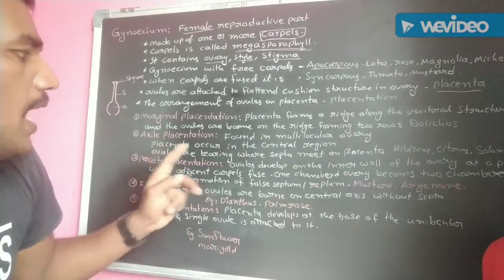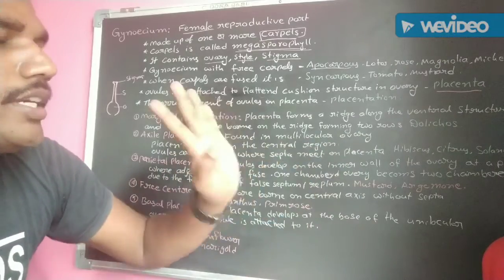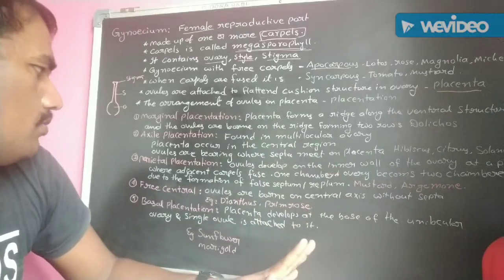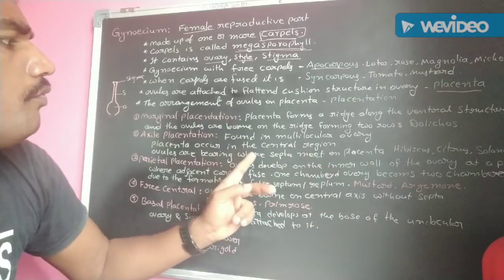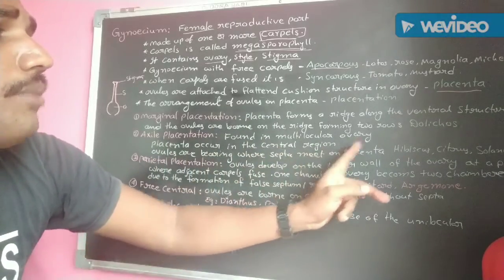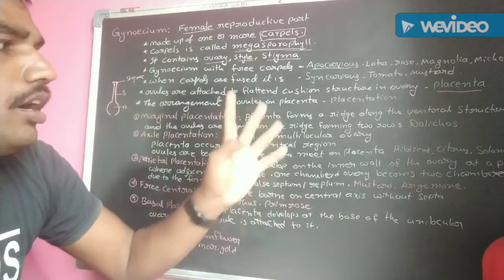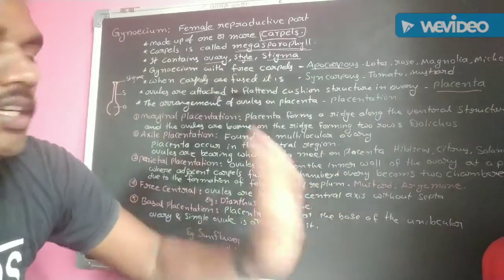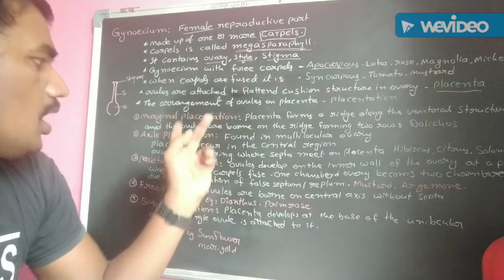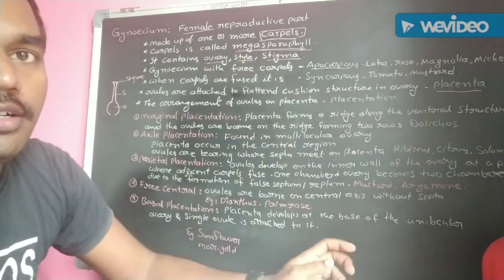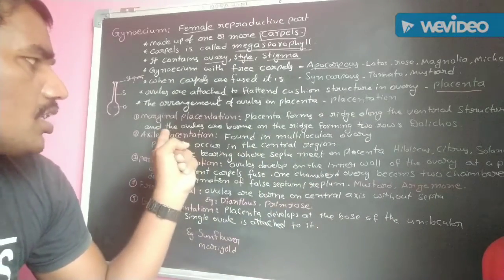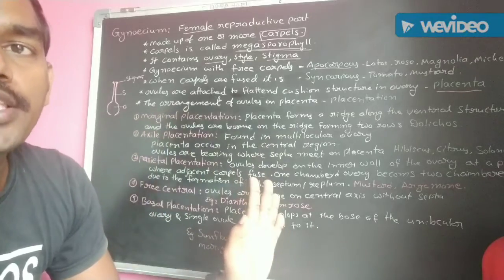The placenta occurs in the central region. Ovules are borne where septa meet on the placenta, at the meeting region. This type of placentation is known as axial placentation.